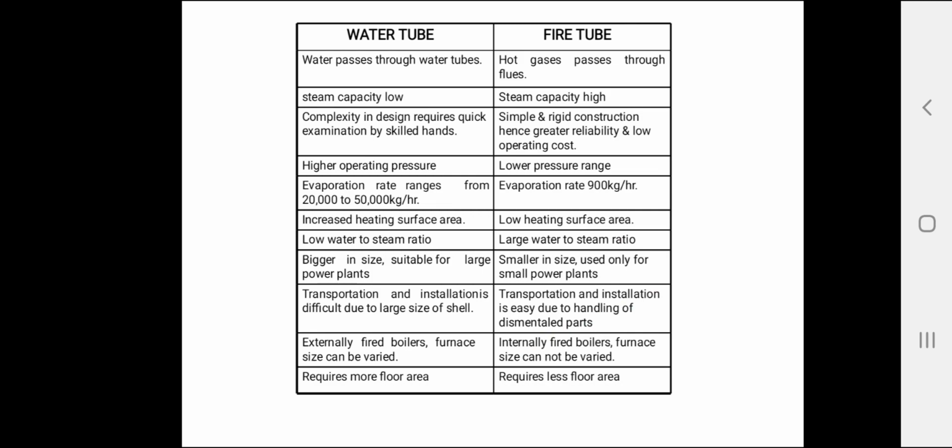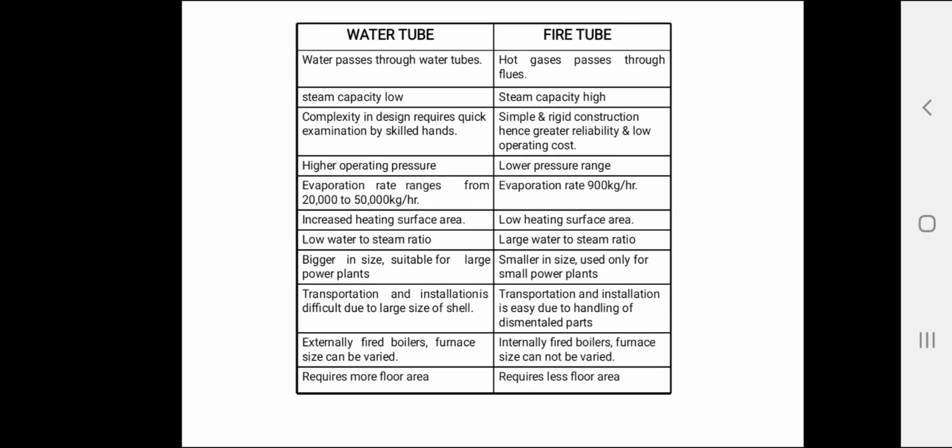Now we will discuss the comparison between water tube and fire tube boilers. What is the difference? In a water tube boiler, water passes through the tubes, and in a fire tube boiler, hot gases pass through the tubes. Steam capacity is low in a water tube boiler and high in a fire tube boiler.